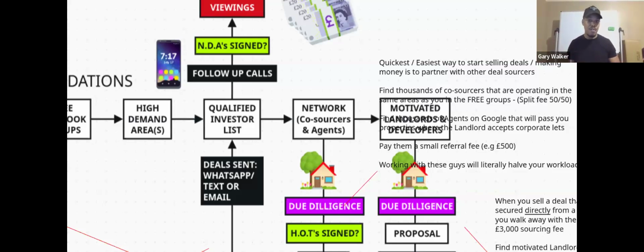So again, my whole thing is, if we're doing it the way that I'm showing you, because I'm only showing you based on real experience, real transactions, you shouldn't have any of these issues. The problem with that person the other day was that I had advised them tons of times not to take money up front, not to allow sources to get their clients to pay money up front.